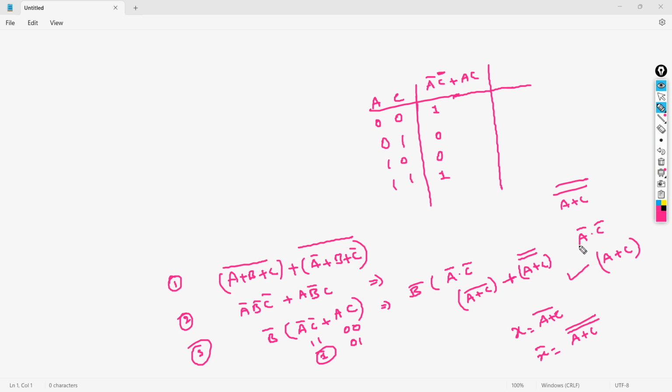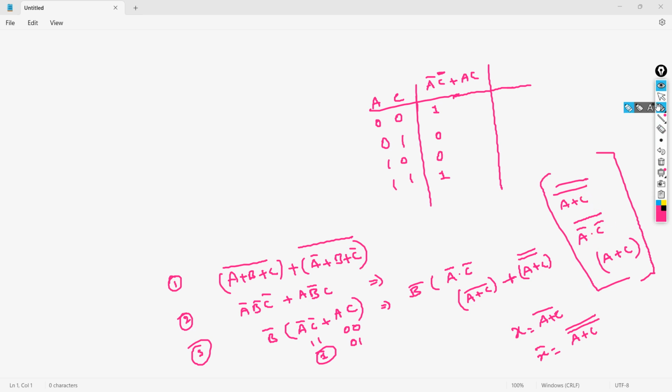Do you understand this logic? Yes. How is AC equal to A plus B double bar?